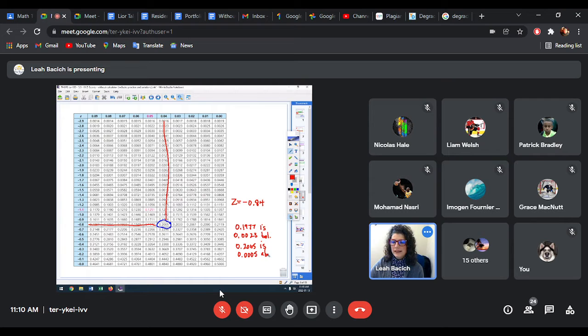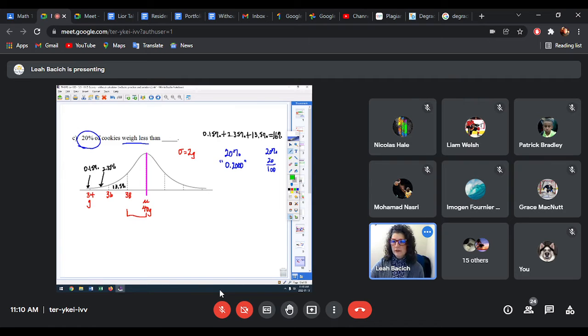Yesterday, they were closer. This time they're farther apart. So we can actually just use this. That's very close to 0.2000. So Z will equal negative 0.84.